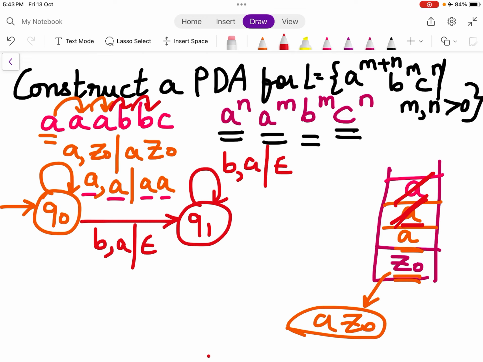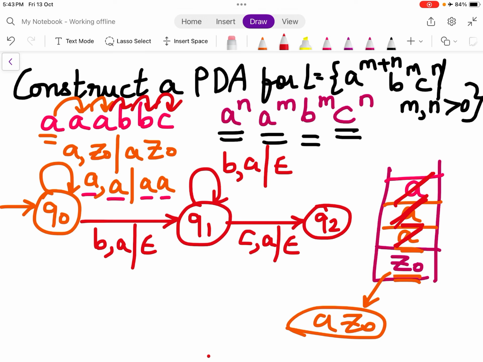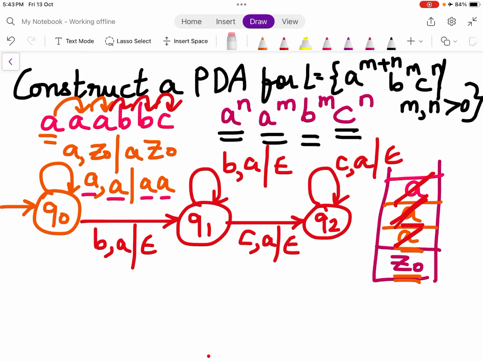You have popped this A. Then again the read write head moves one step ahead, you see a C. On top of the stack you have A. Simply pop the A, you get Q2. Again, if you see a C, there is an A on top, you will get an epsilon.